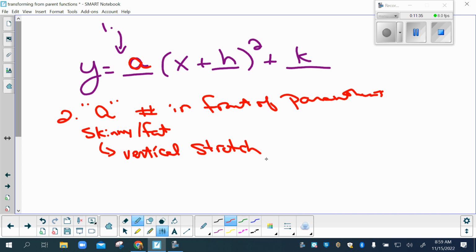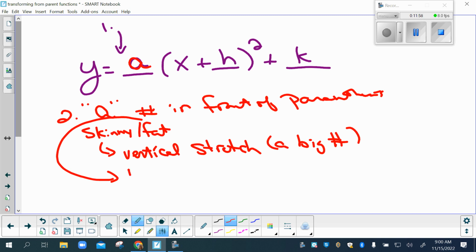And that is if it's a big number, like bigger than 1, like 2 or 3 or 4. If it's just nothing, it's just regular. It's not stretched at all. If it's a fraction, it's been compressed.